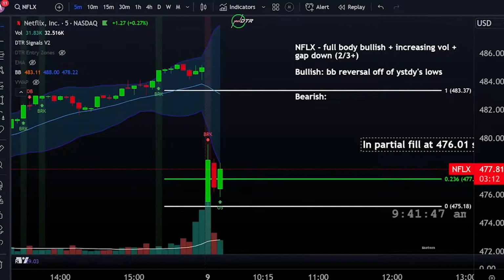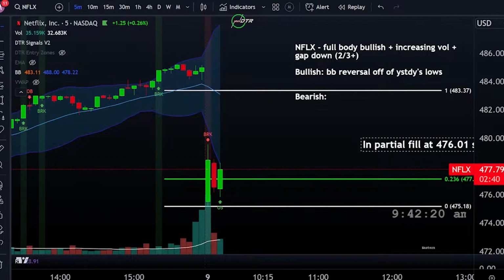This is a weird win. Get a quick $2 per share. That moved so fast. Oh my gosh.